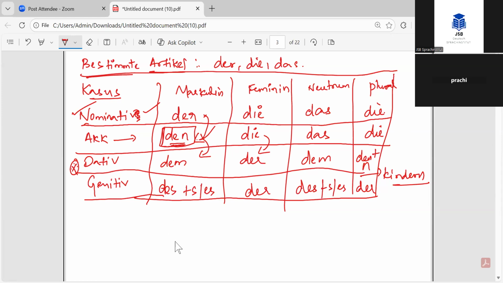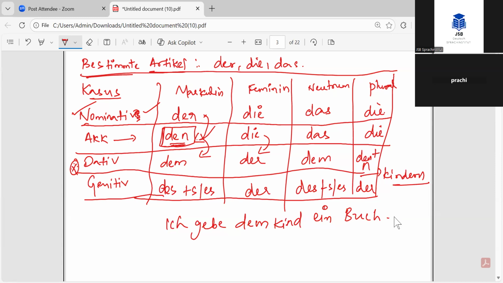So if you are reading, for example, "Ich gab dem Kind ein Buch," check which case the sentence is in.